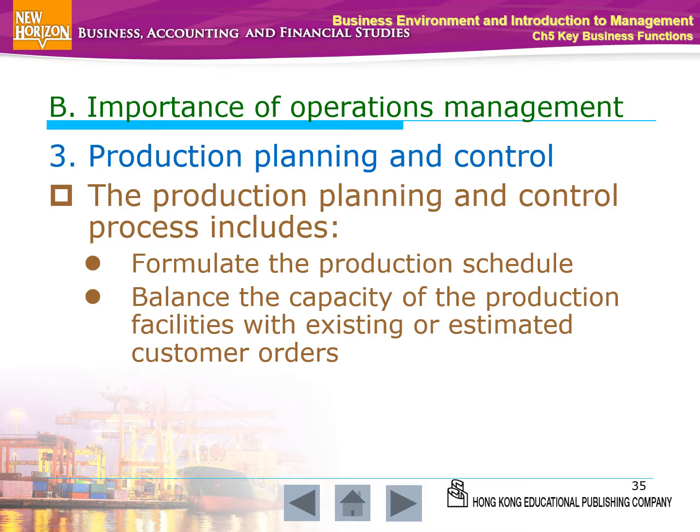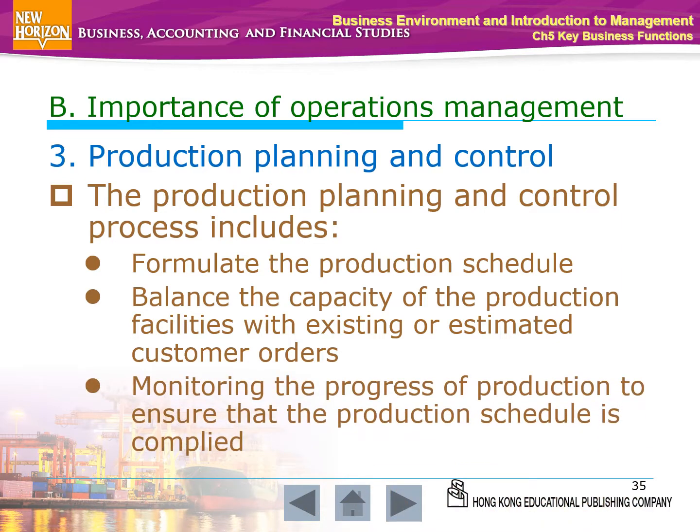What we call balance. That means if the existing or estimated customer orders are about 100, you'll see if your production capacity is enough to meet their needs. Number 3, to monitor the progress of production to ensure that the production schedule is complied with.